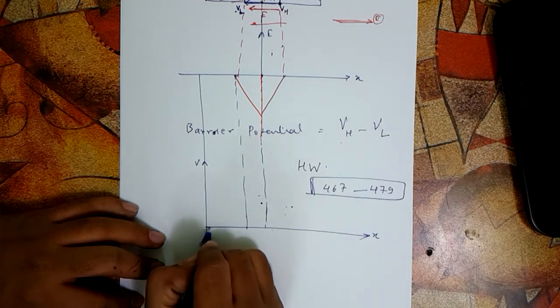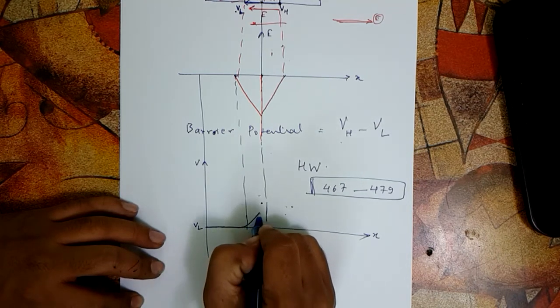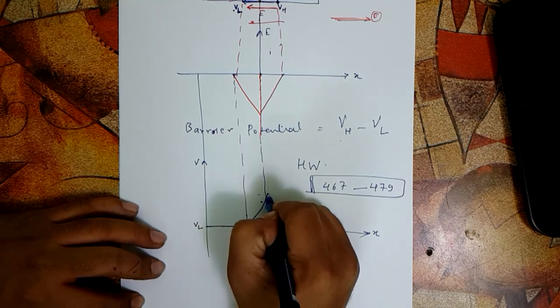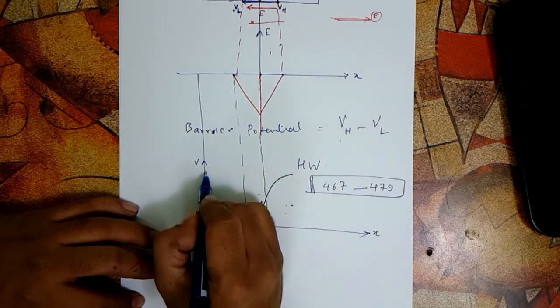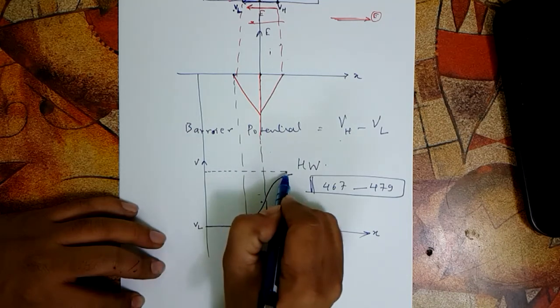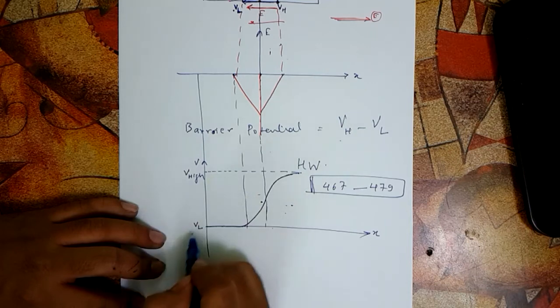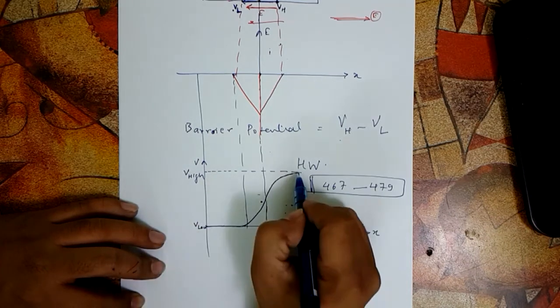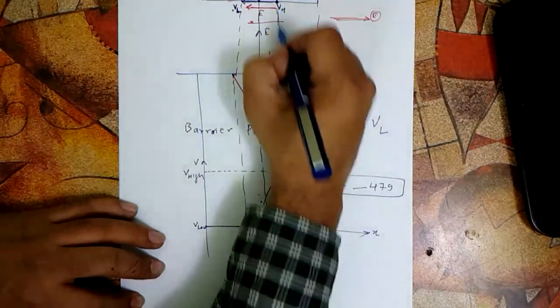So we'll start from 0 potential on the lower side, which is V low, and parabolic here like this, and then again like this, the other parabola, and this will be V high, and this will be V low, and again the constant. So constant potential difference here in this region.